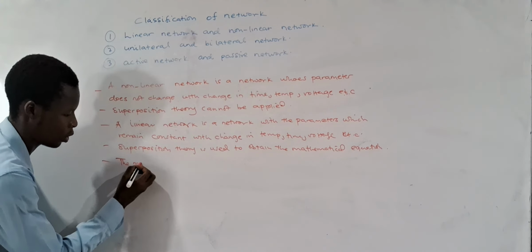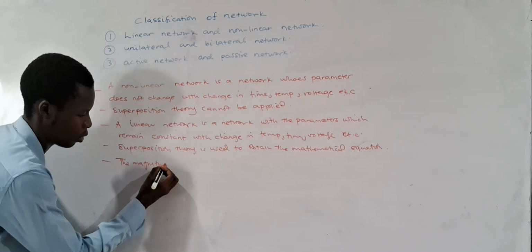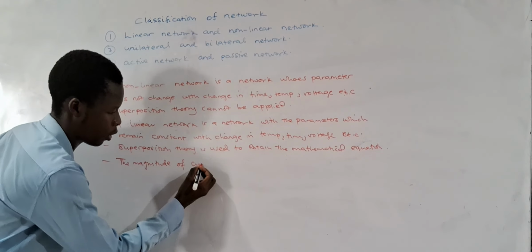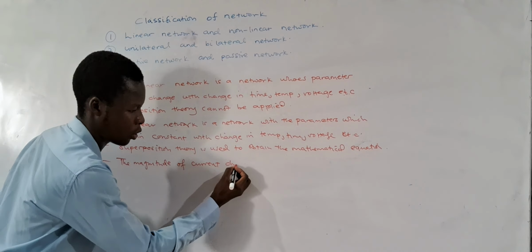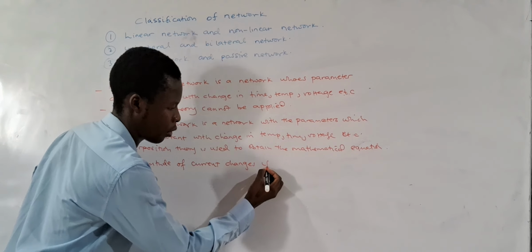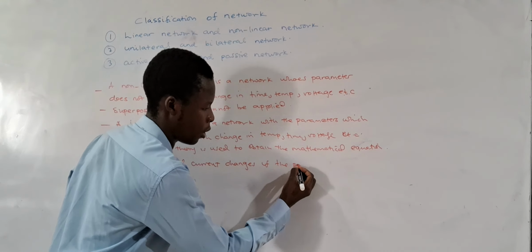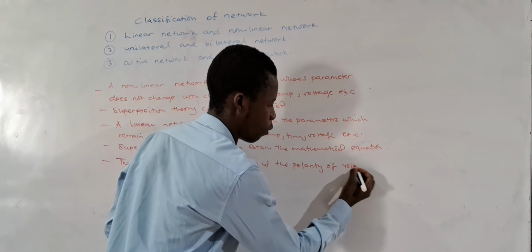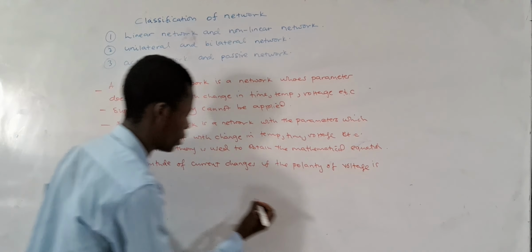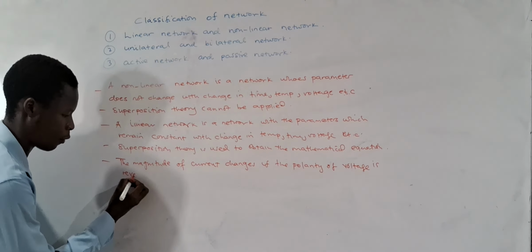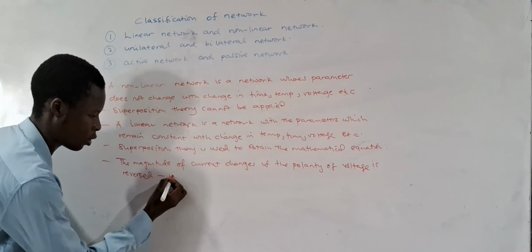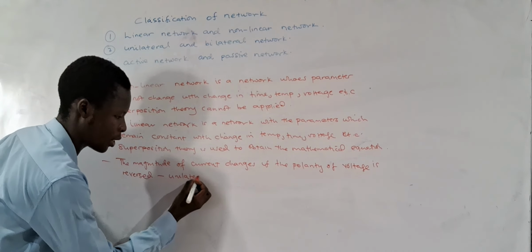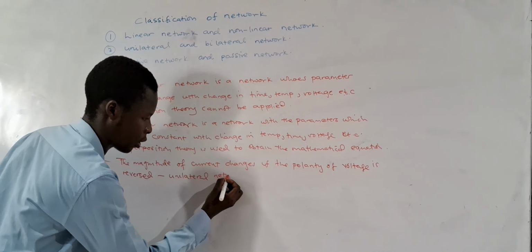The magnitude of current changes if the polarity of voltage is reversed. Okay, this is what we call a unilateral network.